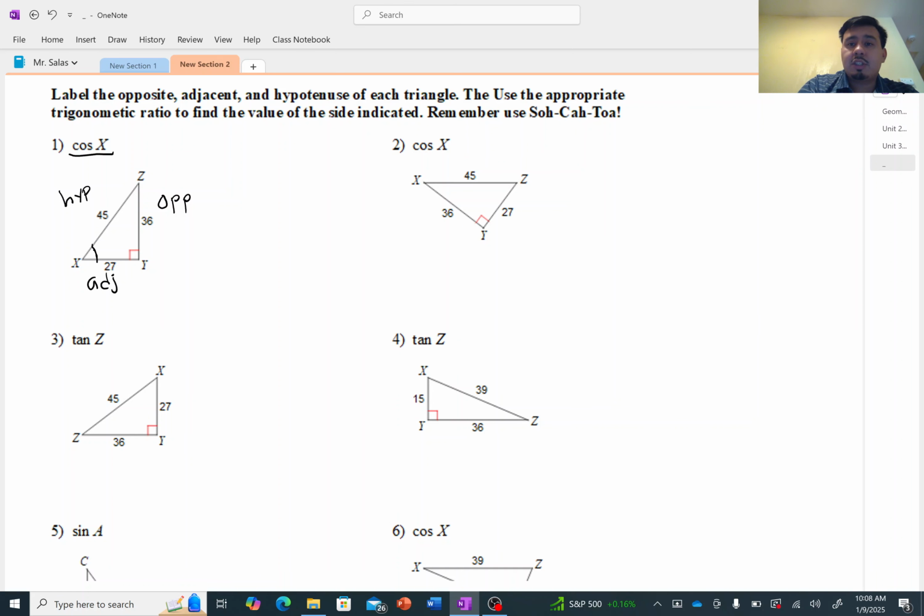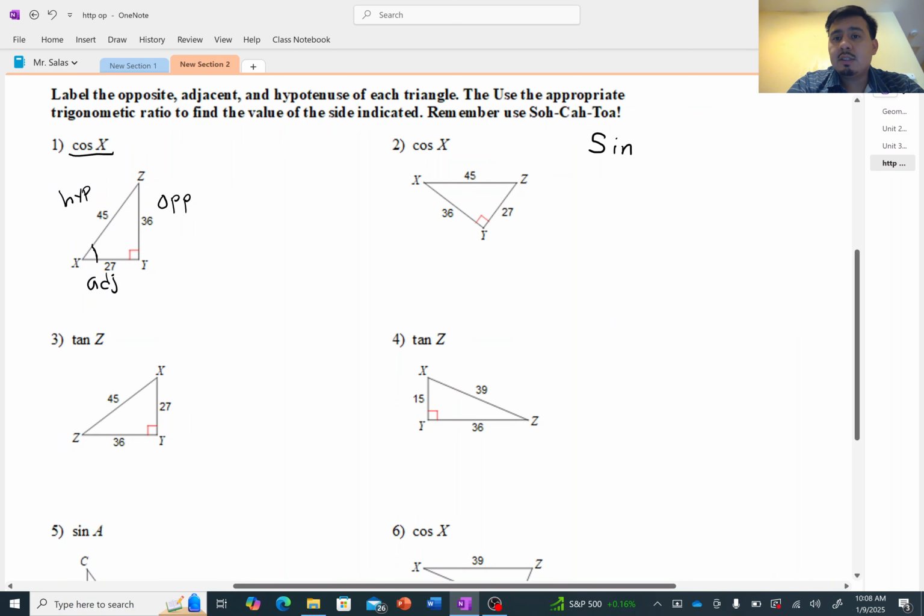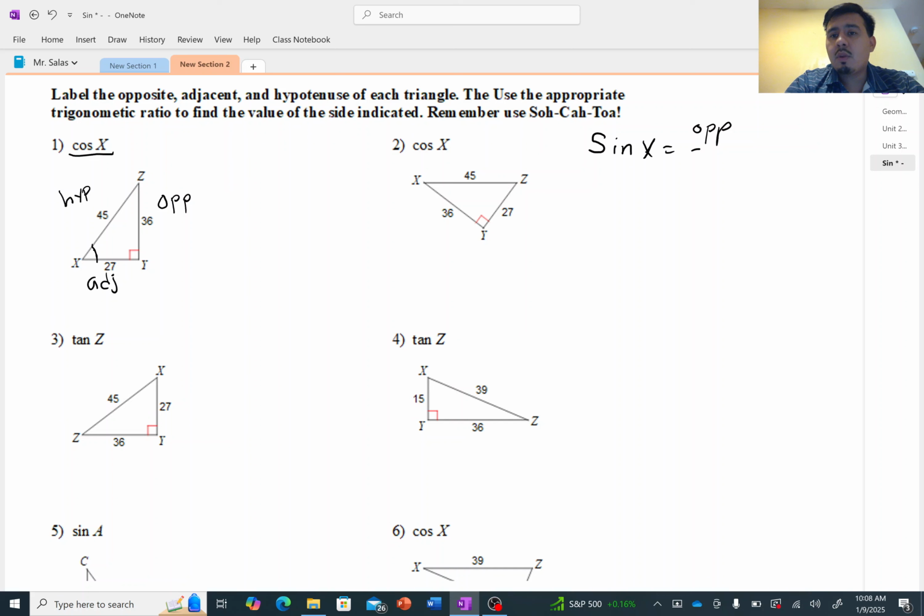So remember, SOHCAHTOA stands for sine of x equals opposite over hypotenuse. So that's where we get the SOH, right?